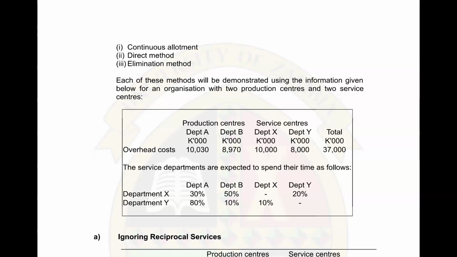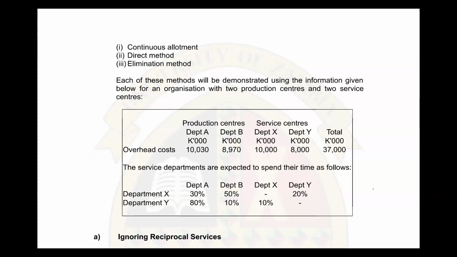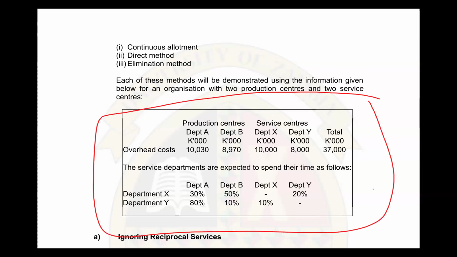Now, let's have an example for ourselves, and then that should be fine. You have this example, you have 4 departments: 2 production centers being A and B, and 2 service centers or supporting departments, X and Y. Now, this is the total cost, basically that cost that you found when you were consolidating.